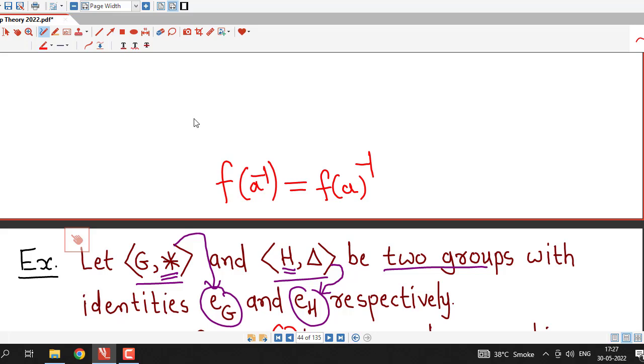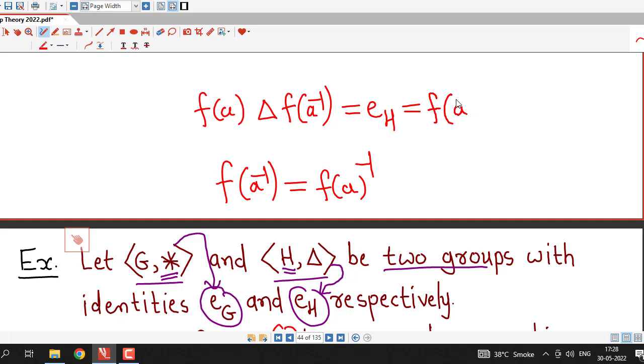For this I have to show that f(a) ∗ f(a⁻¹) must be equal to the identity of H, in both ways, on this side also, f(a⁻¹) ∗ f(a). If I can prove this, then I have shown that these two are inverses of each other. Therefore I can write that f(a⁻¹) equals the inverse of f(a).